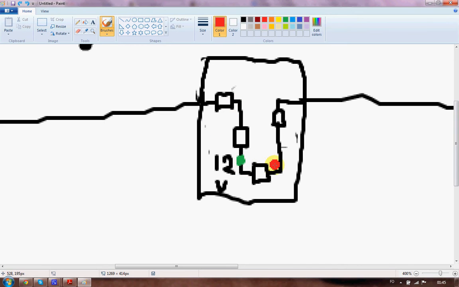Because if the breakage was right here, which is ahead of the green spot, then sure enough there would be no flow, but the voltage would still be reaching where that green spot is.